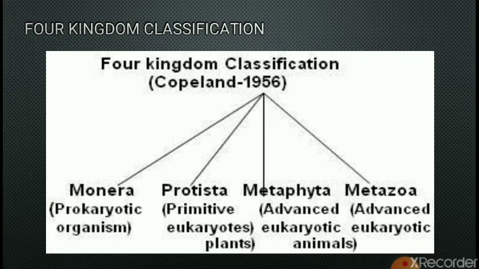He put all prokaryotic organisms in kingdom Monera. All primitive eukaryotic plants are kept in kingdom Protista. All advanced eukaryotic plants are kept in Metaphyta, and more advanced eukaryotic animals are kept in Metazoa.